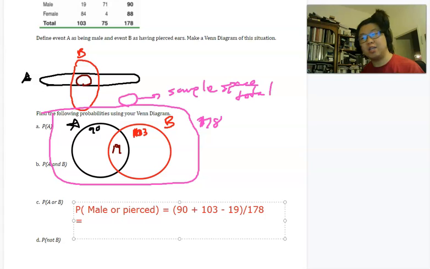Let's do 90 plus 103 on the calculator. It's 193. That's more than the amount of people in the space, so you should already know it's not 193 based on your knowledge of probability. So I do have to subtract that overlap. When I do that, I'll have 174 out of 178, which, if you use your calculator, is a pretty high percentage, something like 97.8%.